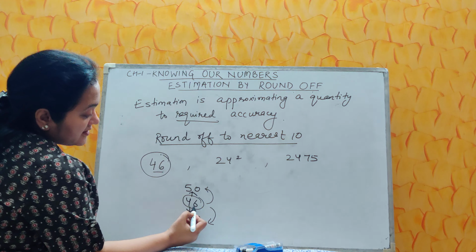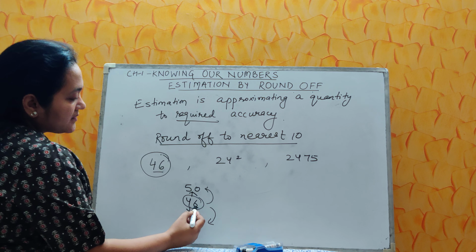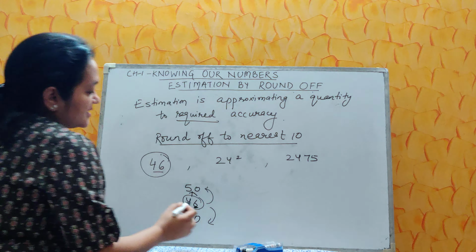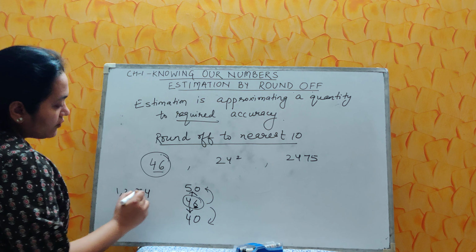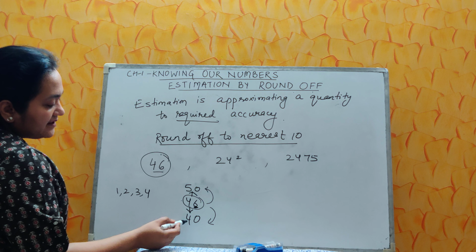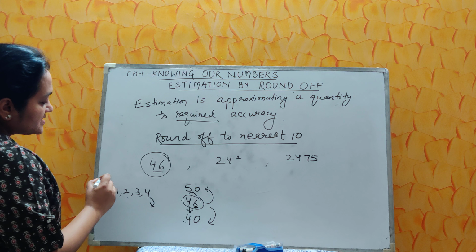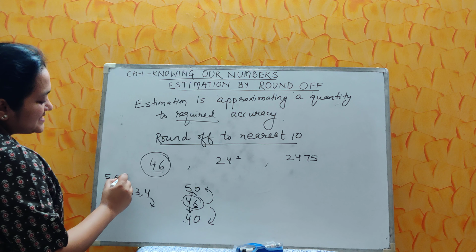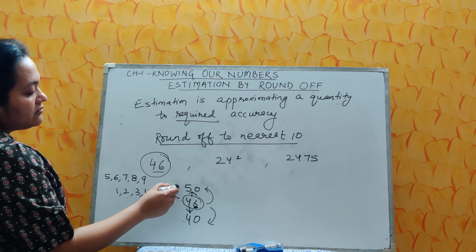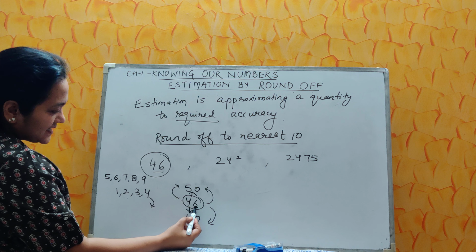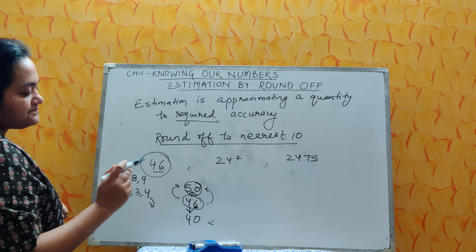See this number on ones place. It's 6. Always keep in mind, if this number is among 1, 2, 3 and 4, then the number will be rounded down to 40. But if the number is 5, 6, 7, 8 or 9, then you have to round up to 50. Since the number is 6, this 46 will be rounded up to 50.